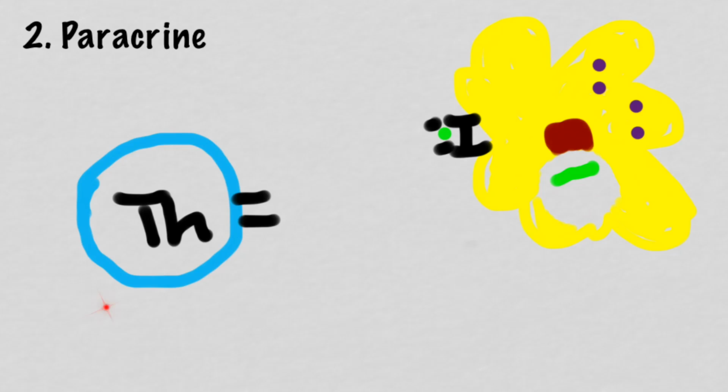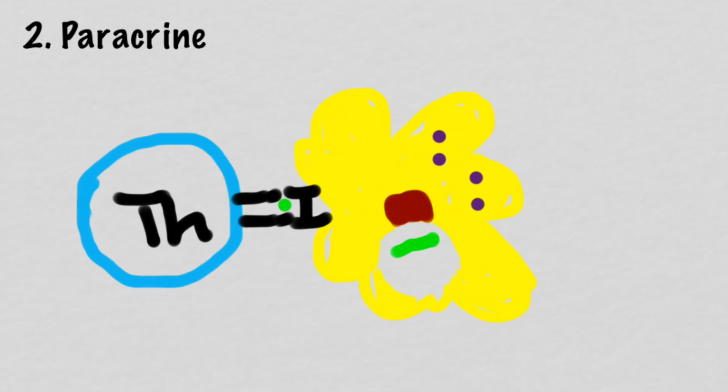Now, this is an activated CD4 positive T cell. It's a Th1 cell, which is a subset of CD4 T cells that are really pro-inflammatory and help combat intracellular pathogens. This one has already seen its antigen previously. So when the macrophage presents the antigen to the T cell, it's basically saying, hey T cell, do you know what this is? Can you help me? And in this case, the T cell is going to say, yep, and it's actually going to produce the cytokine interferon gamma.